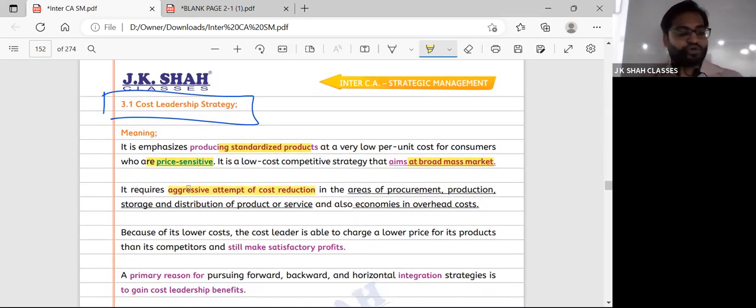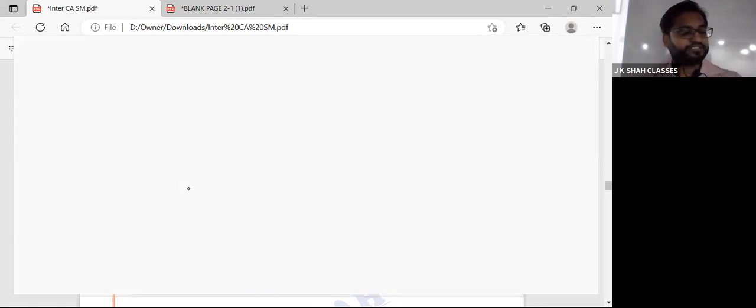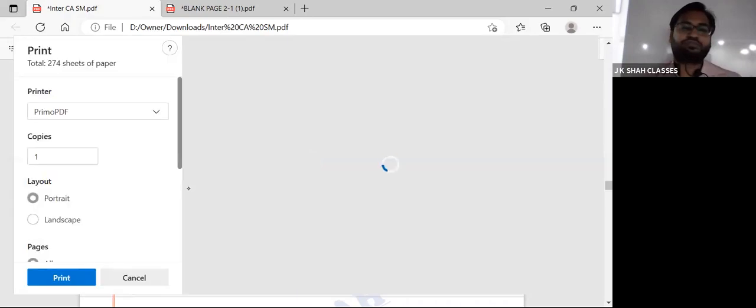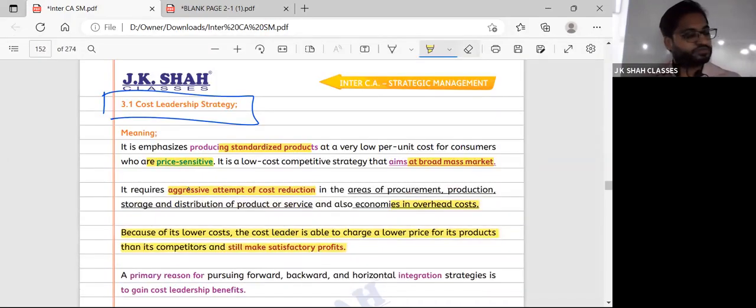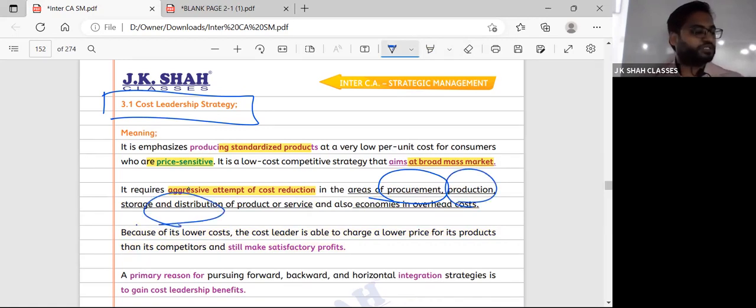Aggressive attempt at cost reduction in the areas of, now you don't write this, you underline this: purchase of raw material, procurement means purchase, production, distribution, and economies in overheads.